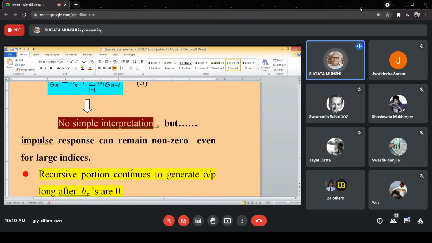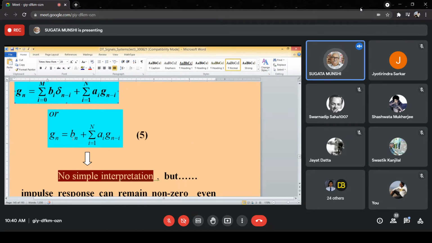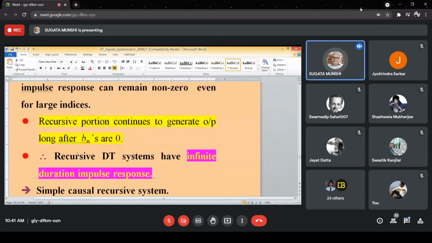The recursive portion will go on generating output long after these b_n's have become 0, so the duration will be long. But as a matter of fact, the duration actually is infinite.